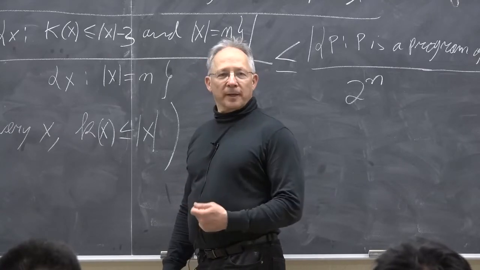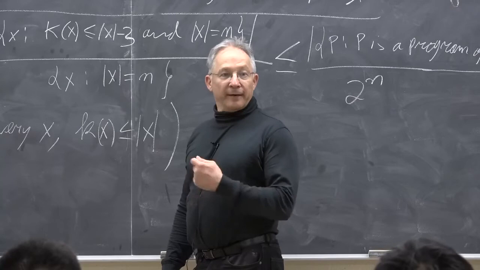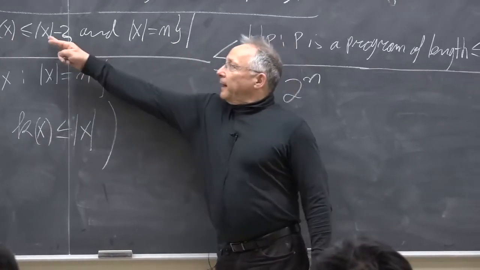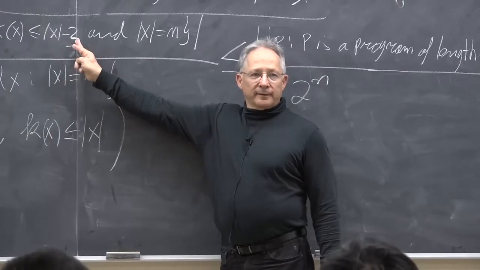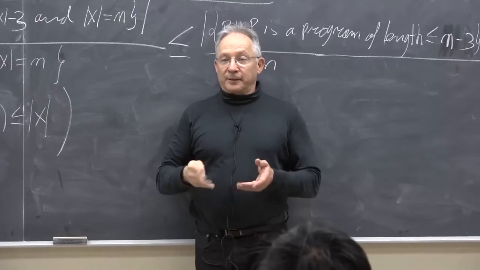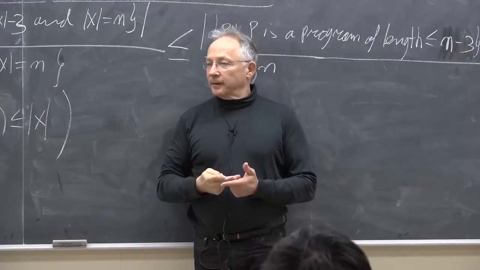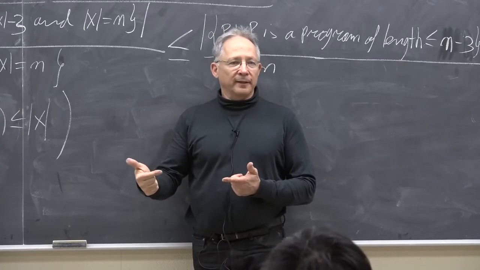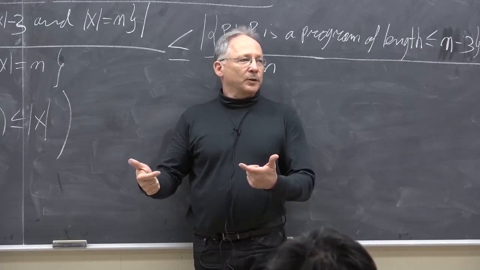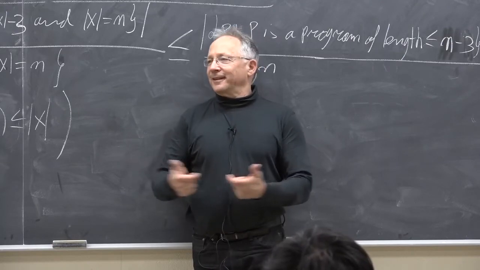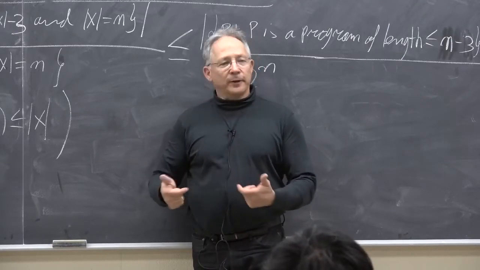If I had a program that for every n will output a string of complexity greater than n minus 3, then the string that the program outputs has a description which is the description of the program, which is constant, plus the input n, which is log n, which is smaller than n minus 3. So I got a contradiction.